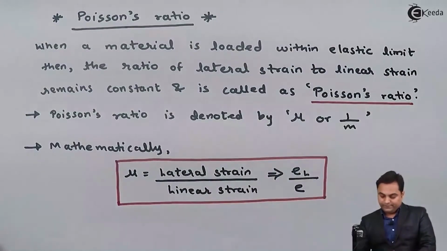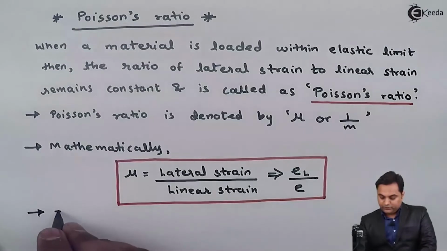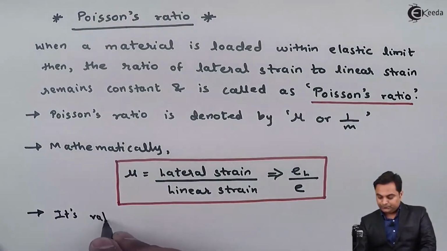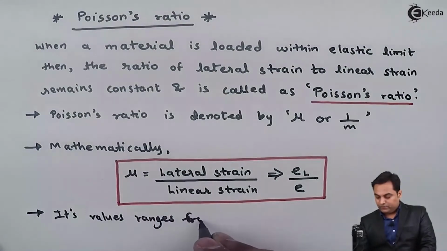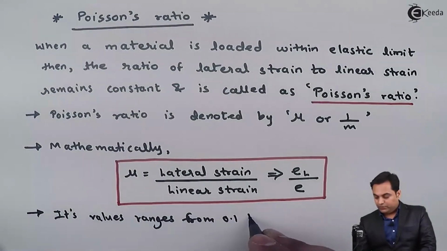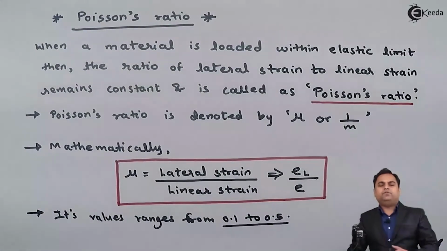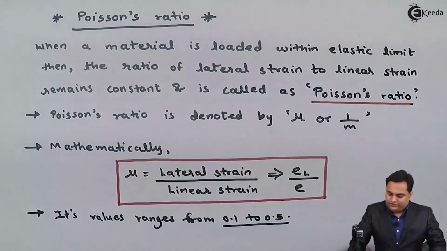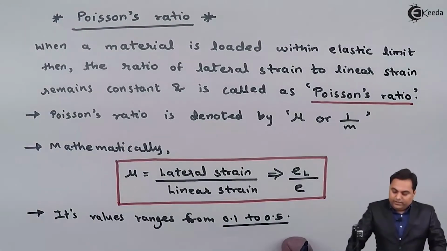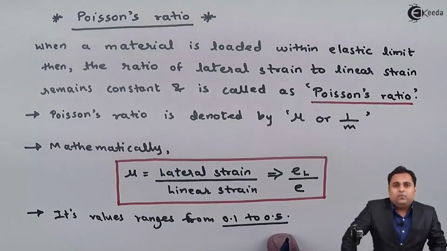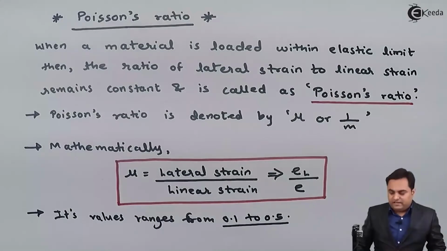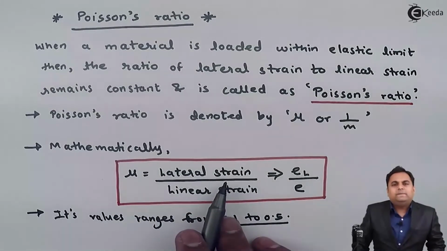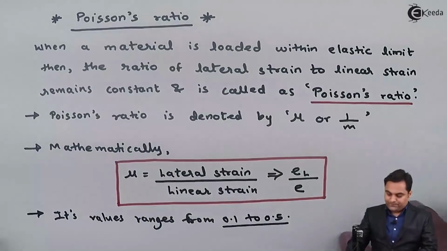Now, its value ranges from 0.1 to 0.5. Poisson's ratio lies in this range. Now, by looking at the value, since it is less than 1, we can say that if Poisson's ratio is less than 1, it means that lateral strain will be less than linear strain.